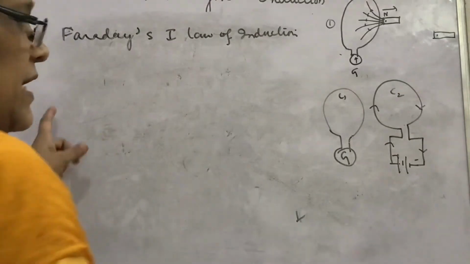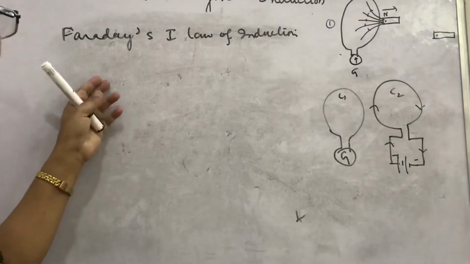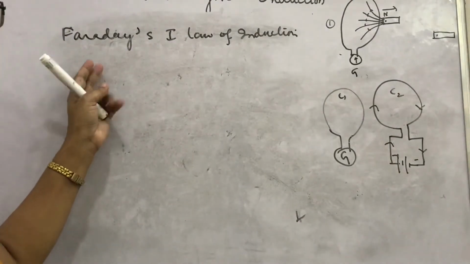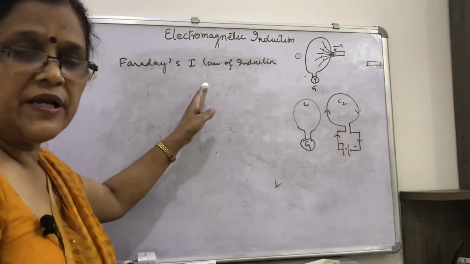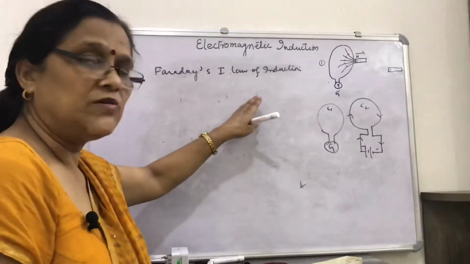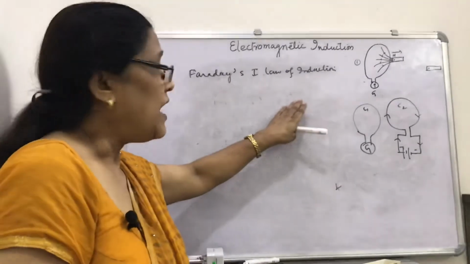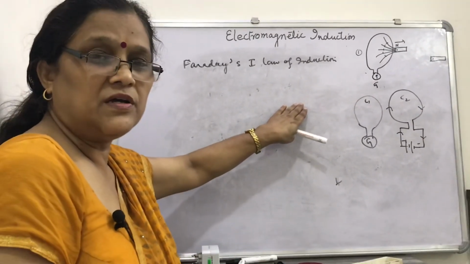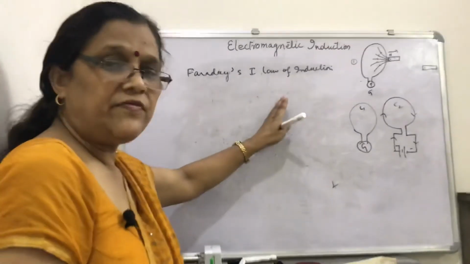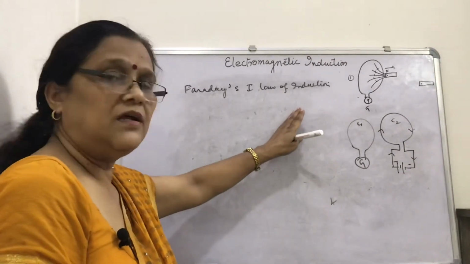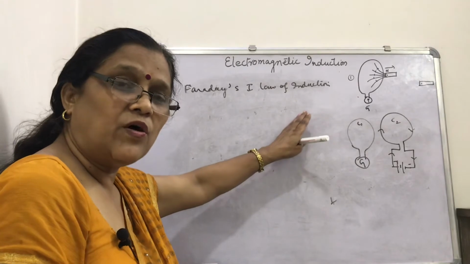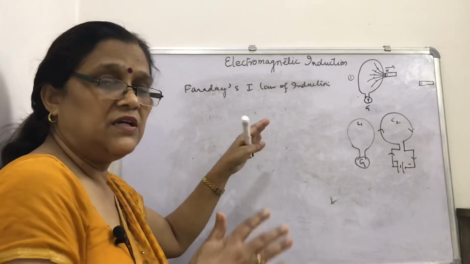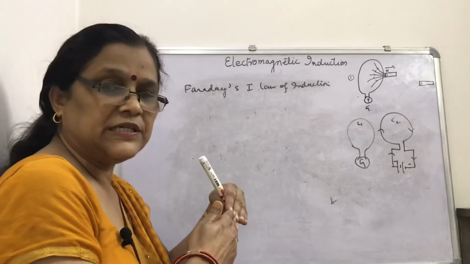This law says that if there is a change in magnetic flux linked with a closed loop and an EMF is induced in that loop, this EMF lasts till the change of magnetic flux remains present.